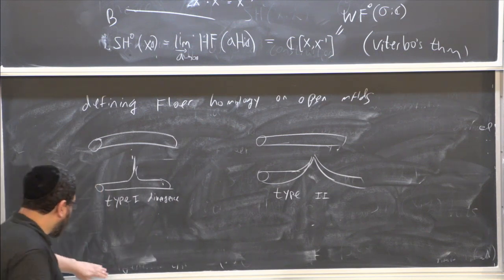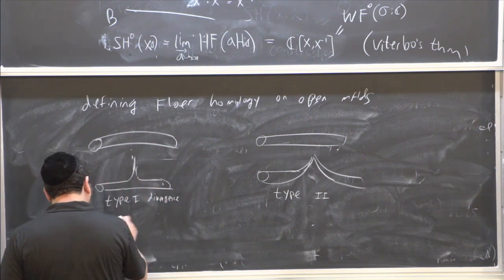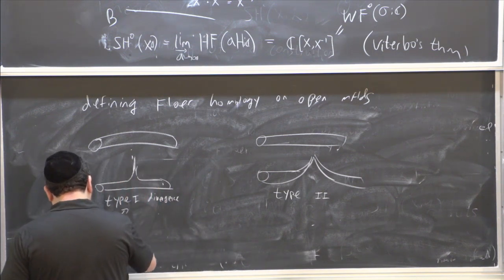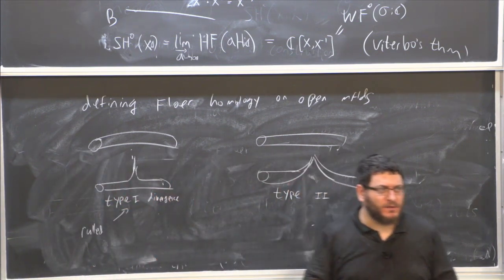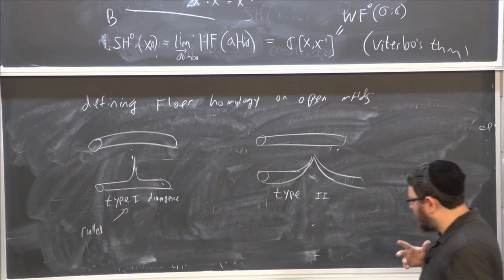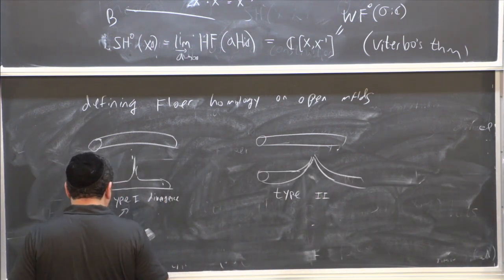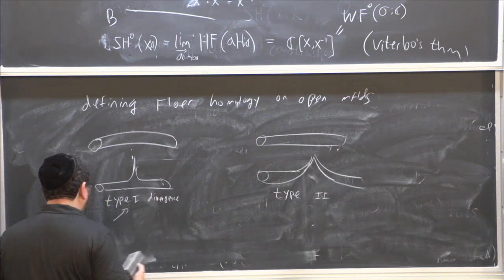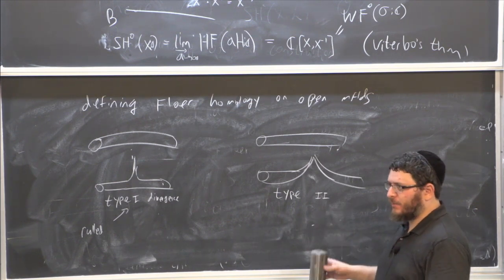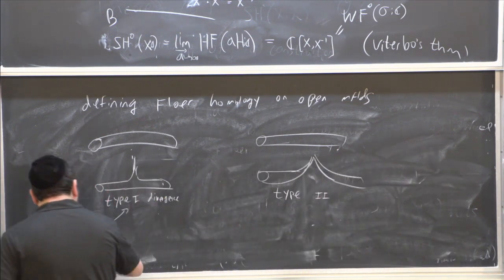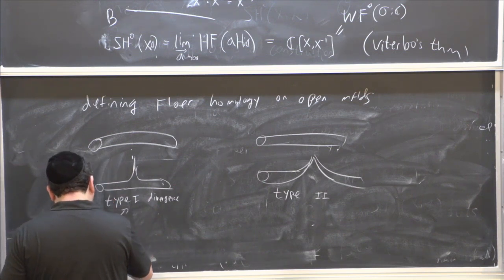Now the type 1 is something which can be ruled out. Usually when we want to set up a Floer theory, we have to somehow impose restrictions on our Floer data.